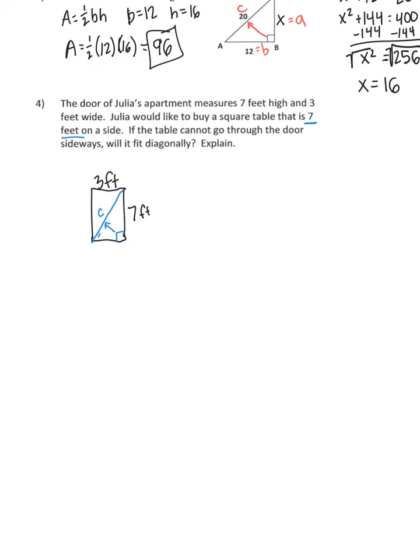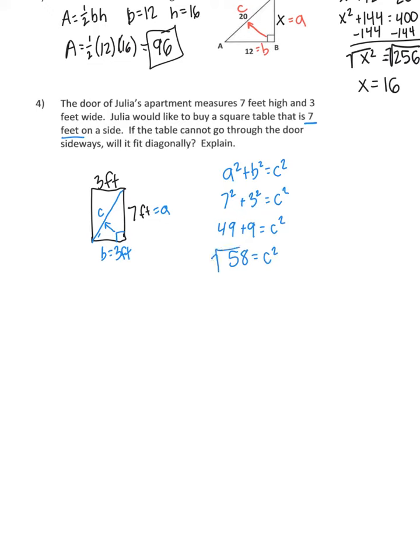This is our hypotenuse, so that's our C, our unknown, and our A and our B, which this bottom is 3 feet. That's the width of our door. So let's plug in A squared plus B squared equals C squared. 7 squared plus 3 squared equals C squared. I know 7 squared is 49. 3 squared is 9. 49 plus 9 gives me 58.